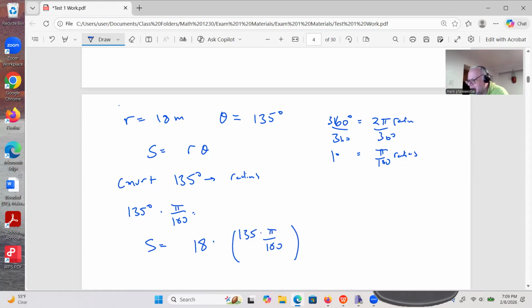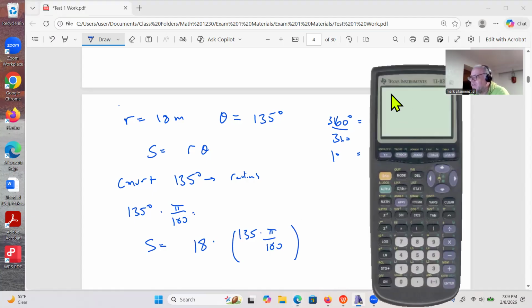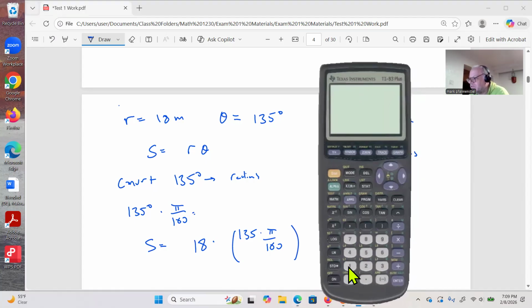Now let's go to our calculators so we can figure that out. One of the things I'm going to do is say this is 135. How about 135 divided by 180? And we'll see if we have a nice little number there. It's 0.75. Hey, go figure. That's 3/4.